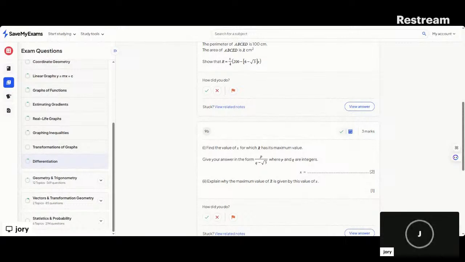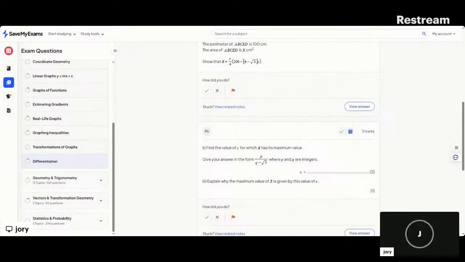Then multiply by x. So 200x minus 6x squared plus root 3x over, and then do first derivative of that. Multiply by 4. Hoorah. On the maximum value of 4.